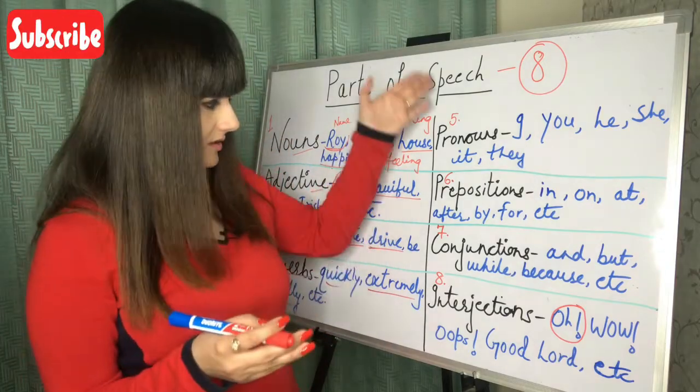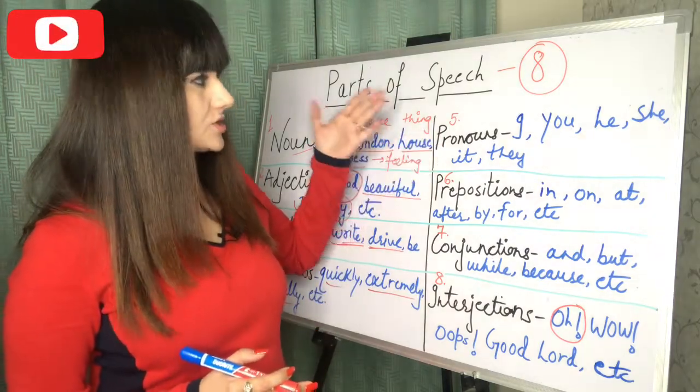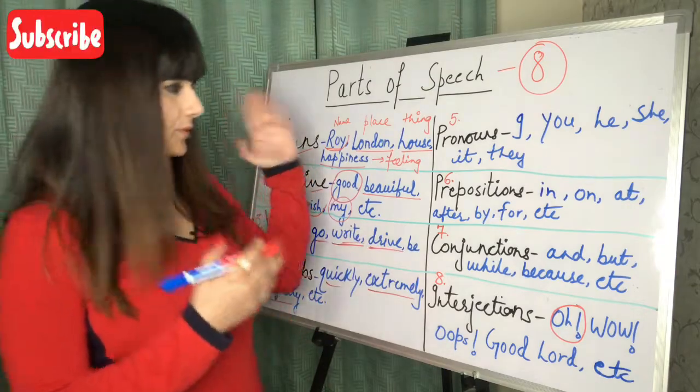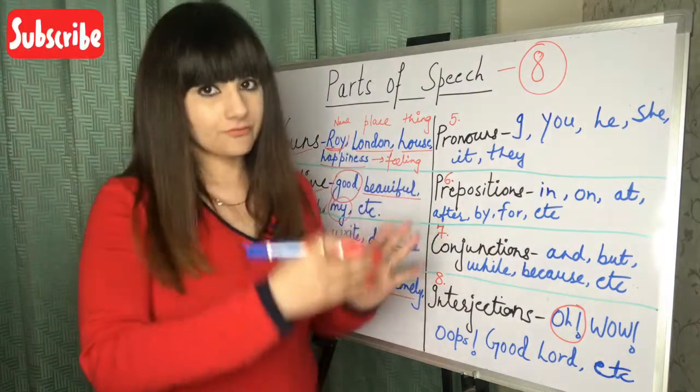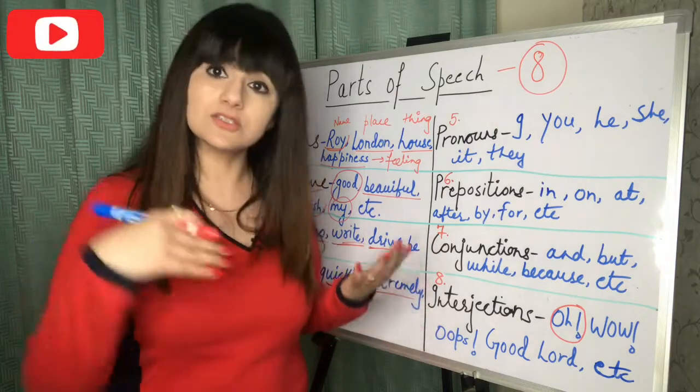Let me reiterate the last 4 things again to you. I'm talking about pronouns that I have to use in place of nouns. Prepositions, of course, help you give the direction.